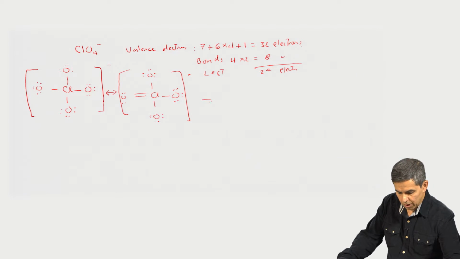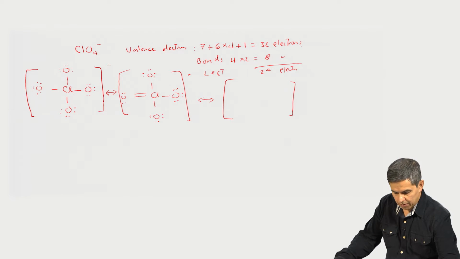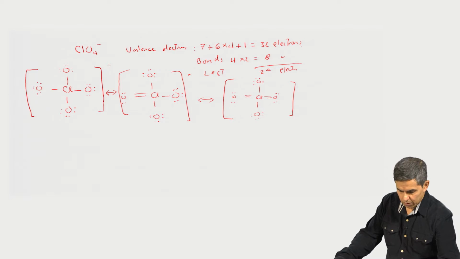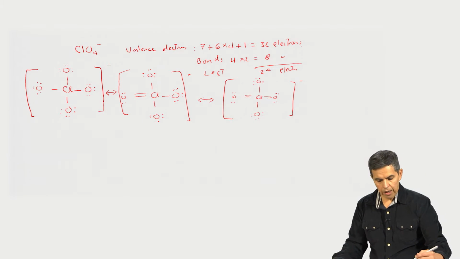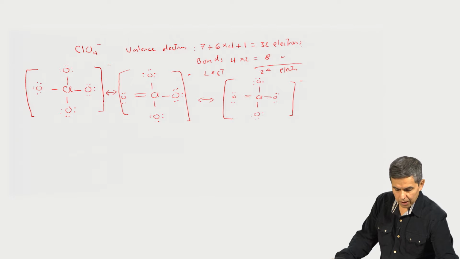There is a third way to do this, which will consist of having not 1 double bond, but 2 double bonds. Again, the expanded valence electron capacity of chlorine makes this possible.